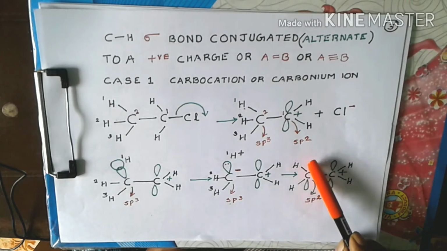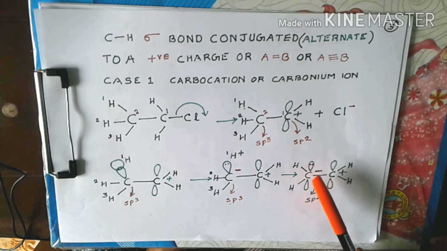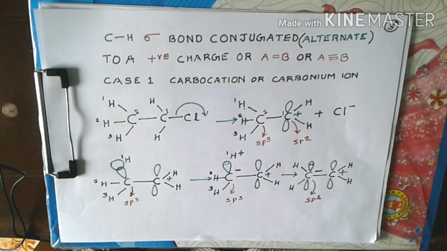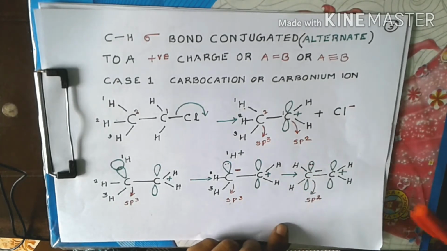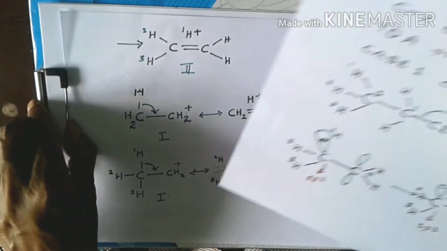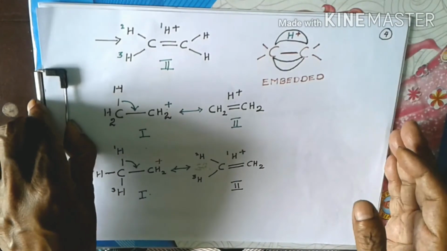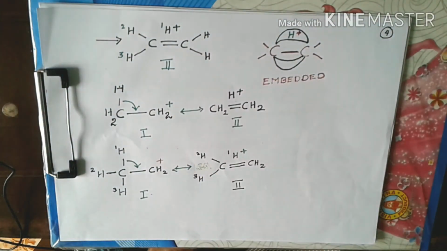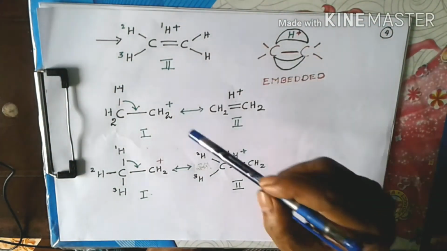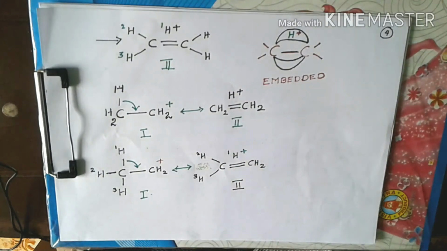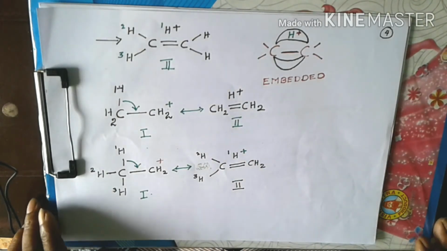And again, when one electron is removed, the negative charge of this carbon is also lost. So we get a bond between these two carbon atoms, a pi bond. Now the structure 2 shown here is called a hyperconjugation canonical structure.